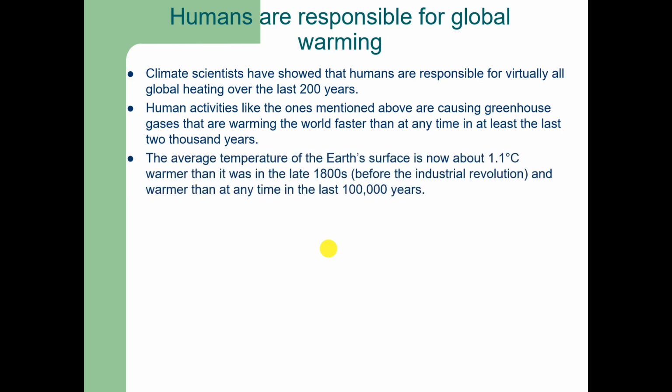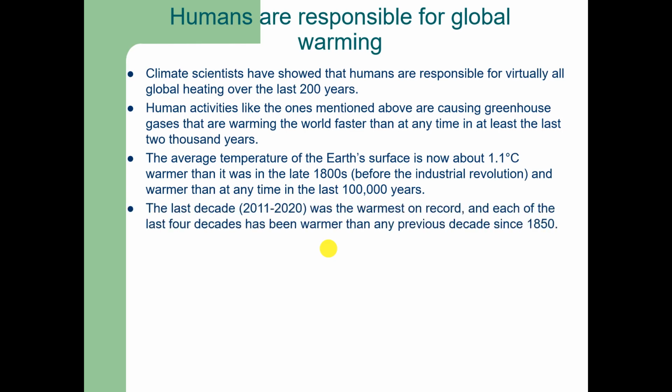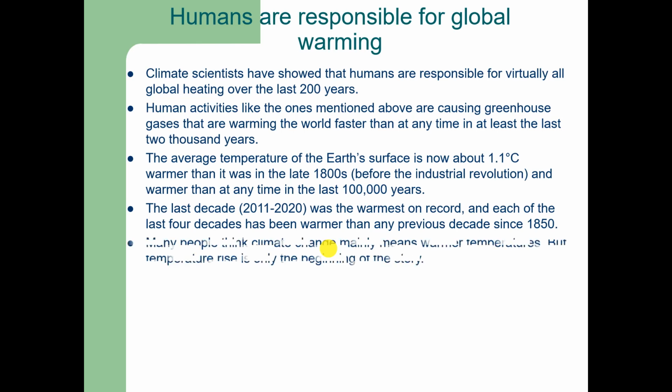The average temperature of the Earth's surface is now about 1.1 degrees Celsius warmer than it was in the late 1800s, and warmer than at any time in the last 100,000 years. The last decade, that is 2011 to 2020, was the warmest decade, and each of the last 4 decades has been warmer than any previous decade since 1850.